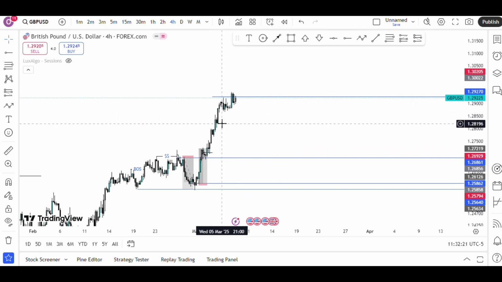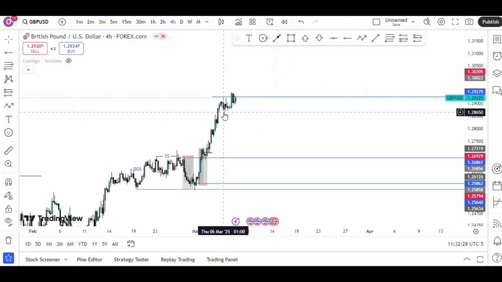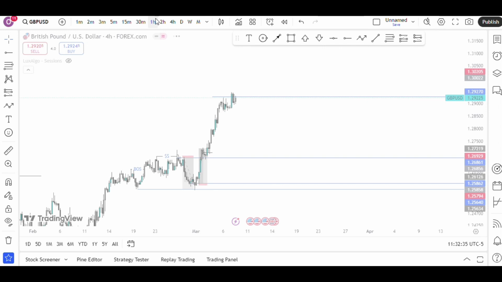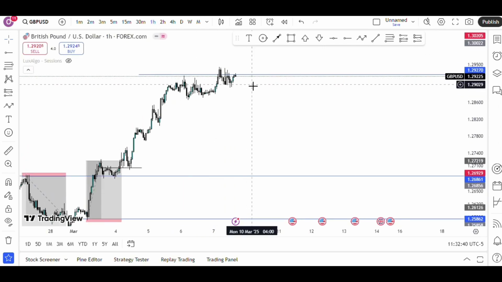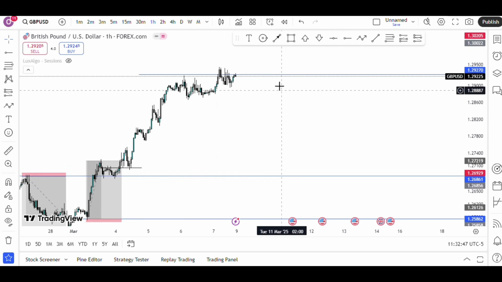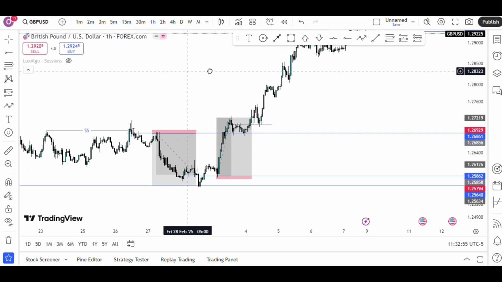So what we should be waiting for on the 4-hour time frame, once the market opens from the daily on Monday, is either a shift in structure and then a little pullback. Pulling back, we go to the 1-hour time frame and look out for entries there. If the market shifts structure on the higher time frame, which is the 4 hours, we'll have candles closing below this low, then rejecting and selling into the high, then selling down, just like what we have right here, just a little different.